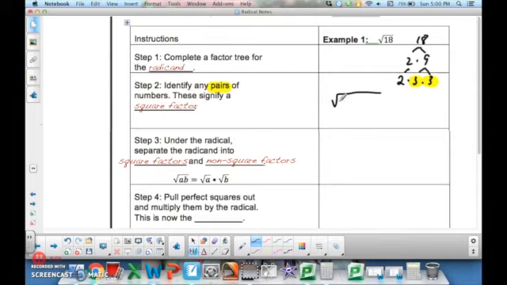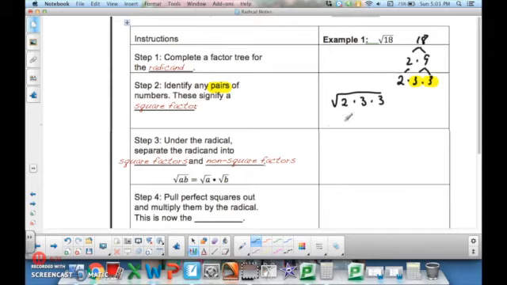The square root of 18 is the same thing as the square root of 2 times the square root of 3 times the square root of 3. Now we have a rule, which I've written here, that says if you've got a square root that's made up of two numbers being multiplied together, you can split that up into separate radicals.